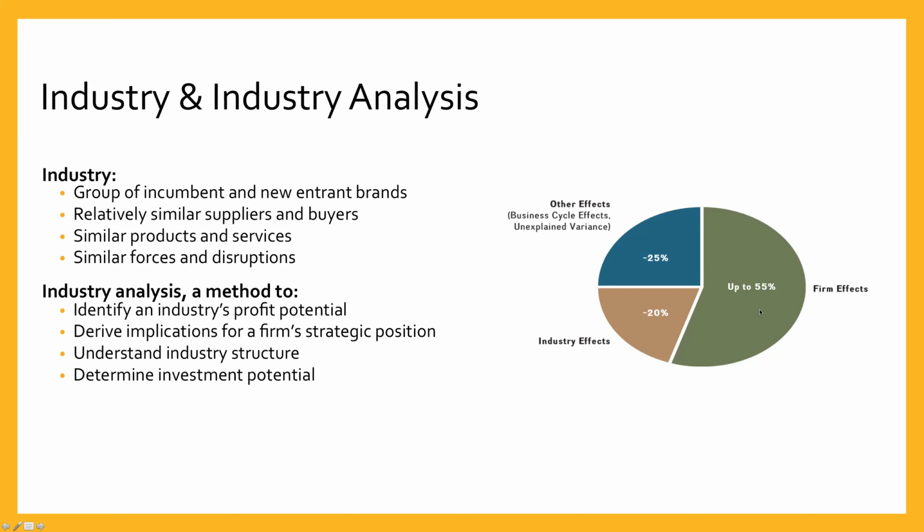But here's the big one. Up to 55% of a firm's brand's performance is due to what we call firm effects. Firm effects is strategic leadership. Firm effects is how leaders think strategically. Firm effects is the culture of the organization.